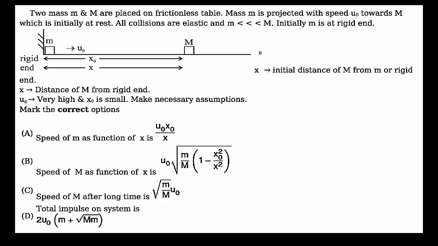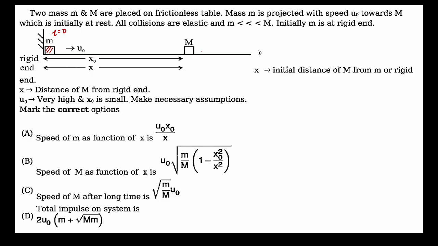Okay, first let's think about what is happening with the system. At t equals 0, small m is at the rigid wall and capital M is at x0.